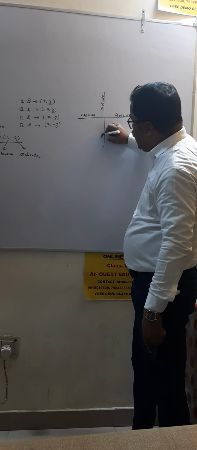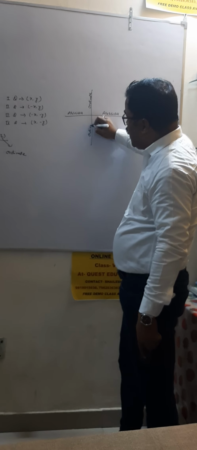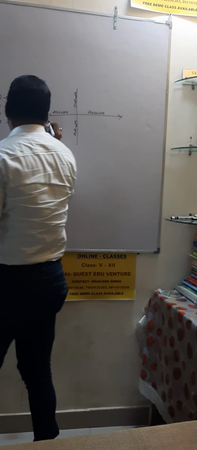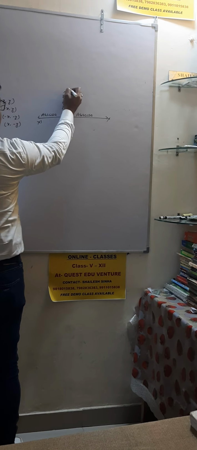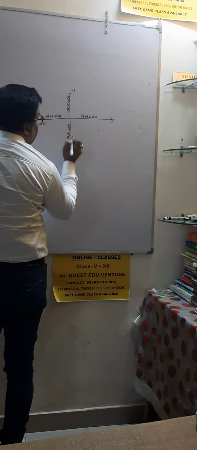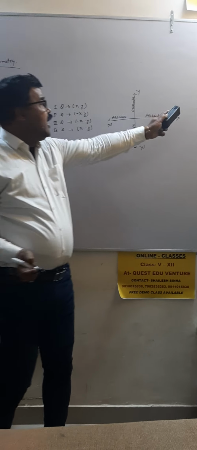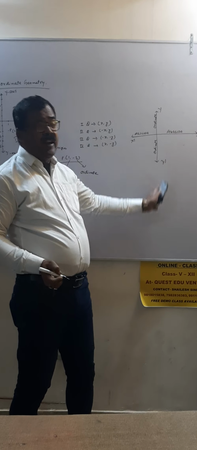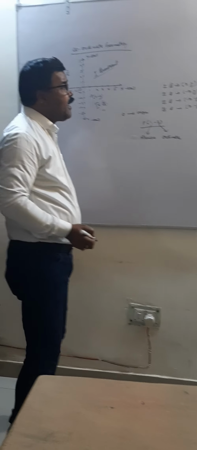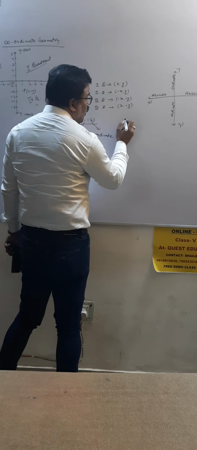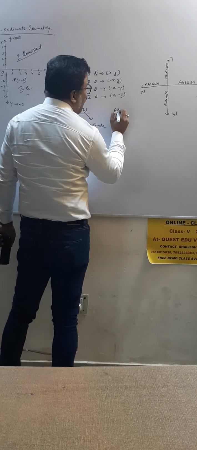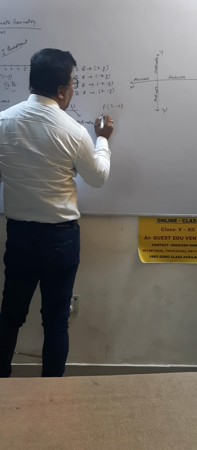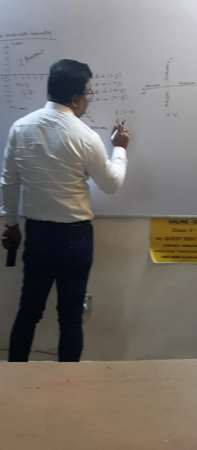This is ordinate. This one is x, this is x dash, this is y, this one is y dash. So the x coordinate is the abscissa and the y coordinate is the ordinate. Is that clear?